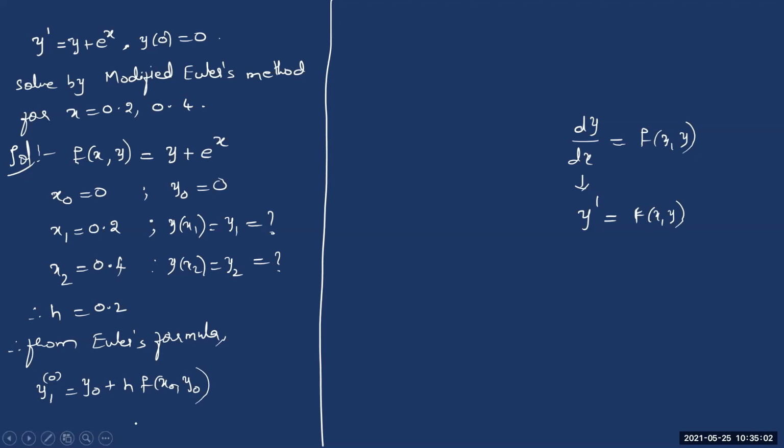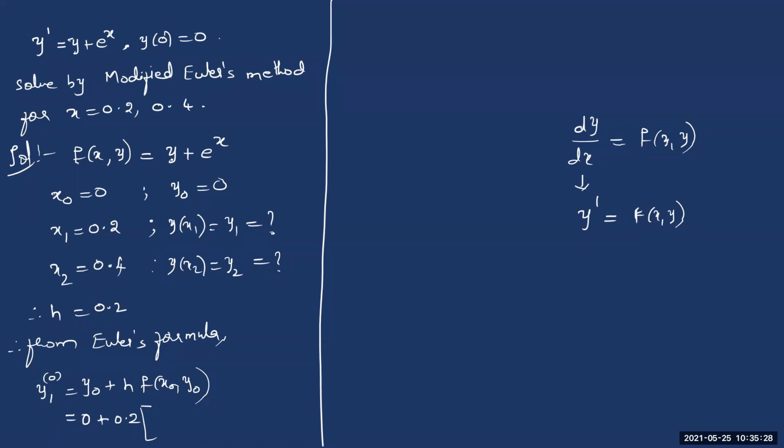y1 zeroth approximation is equal to y naught plus this. Now if you substitute everything into this, see how much it is. y naught is 0 plus h is 0.2 into f of x naught, y naught. You see f of x, y is this. In this function f of x, y, we are substituting x equal to x naught and y equal to y naught, and both are zeros.